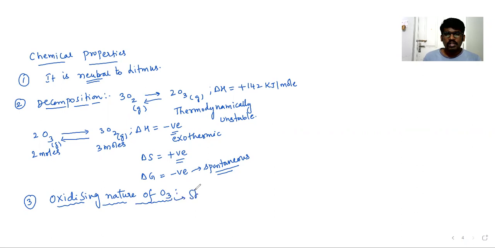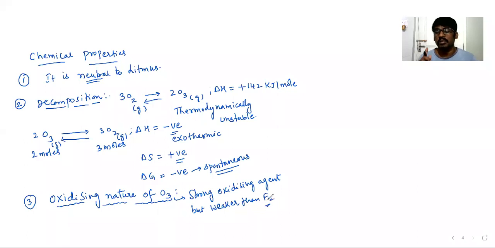It's a strong oxidizing agent, children, but weaker than fluorine. That means it cannot oxidize fluorine. Remember that. Whenever a reaction with fluorine is given, ozone cannot oxidize it. Fluorine can oxidize ozone, but ozone cannot oxidize fluorine. Fluorine is a stronger oxidizing agent compared to ozone.